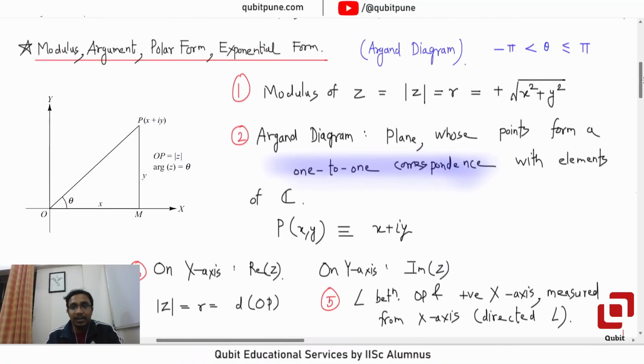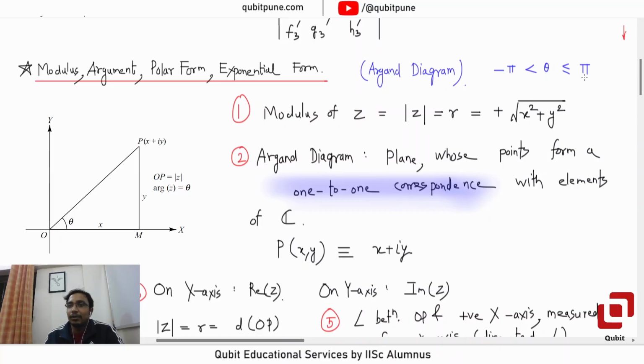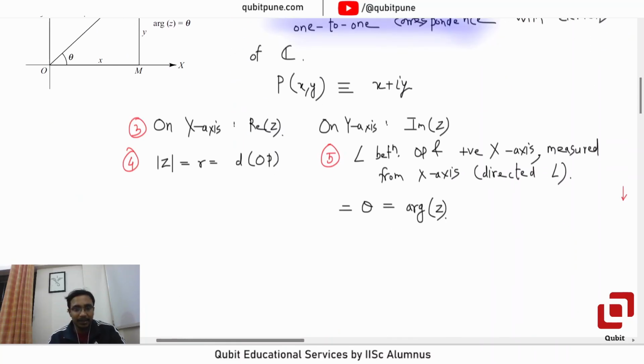when this argument lies between negative pi and positive pi, pi included, negative pi excluded, we call it the principal argument. What do we call it? Principal argument.